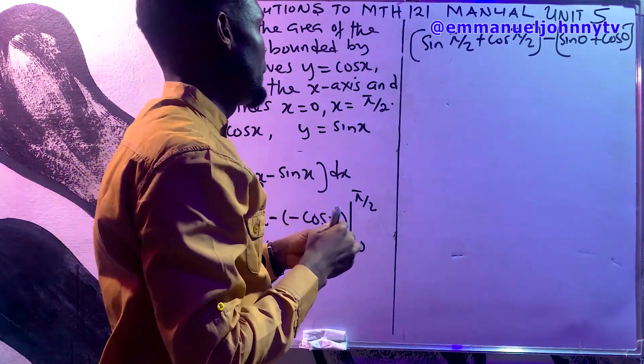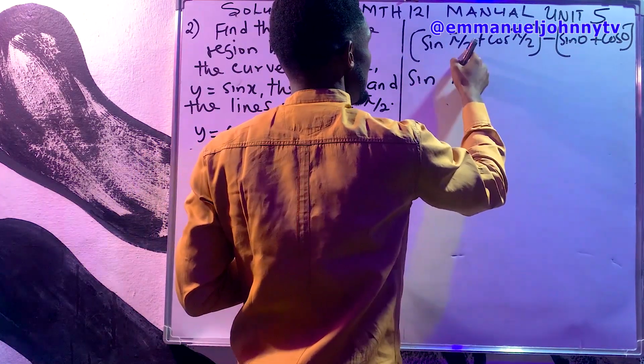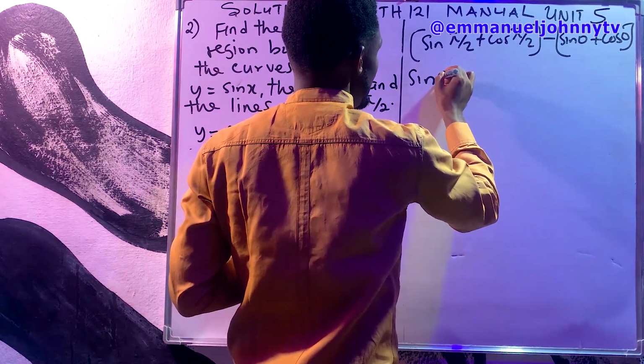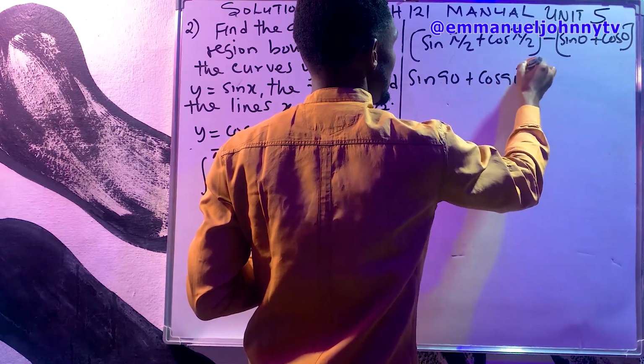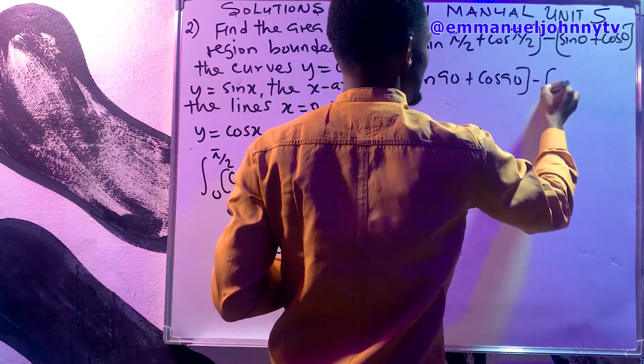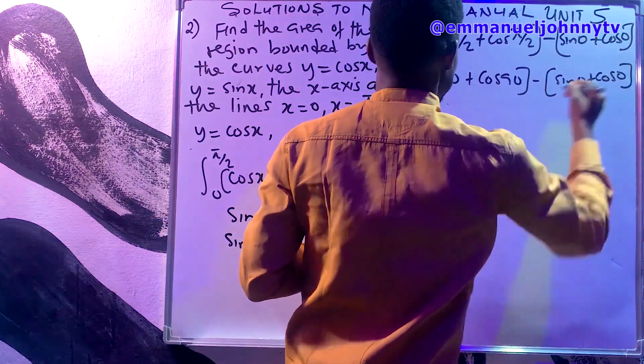Now pi over 2 means that will be sine 90 plus cos 90 minus sine 0 plus cos 0.